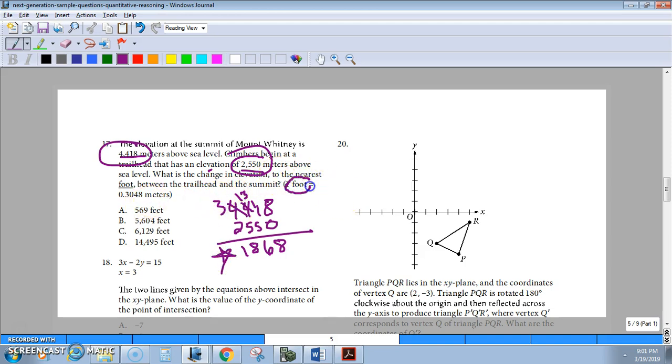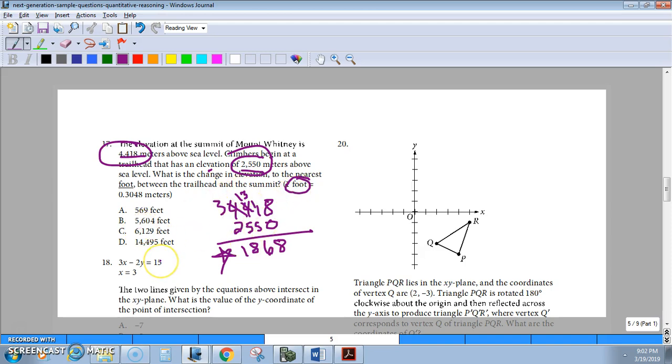And 1 foot is equal to 0.3048 of a meter, so I am going to have a lot more feet than meters. You're going to have to multiply this by about 3. So in my head, 20 times 3.